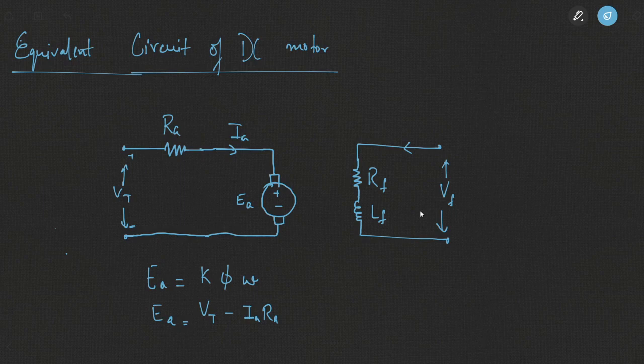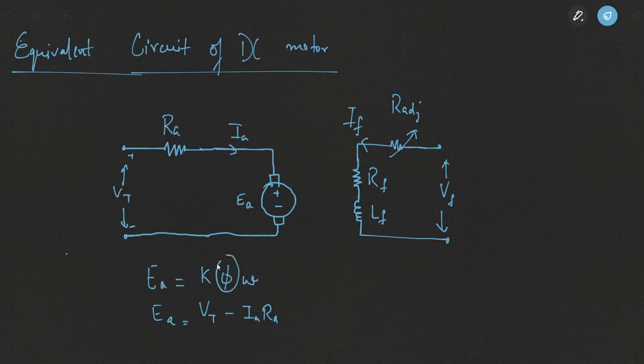Since the field coils are responsible for generation of magnetic flux, sometimes we can also incorporate an adjustable resistance in series with the field resistance, so that we can change the magnitude of IF flowing through the circuit. By changing IF, we can control the flux produced by this machine.